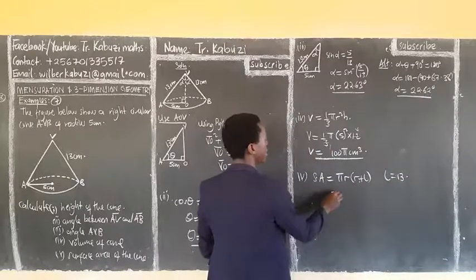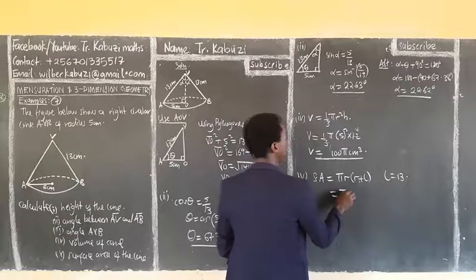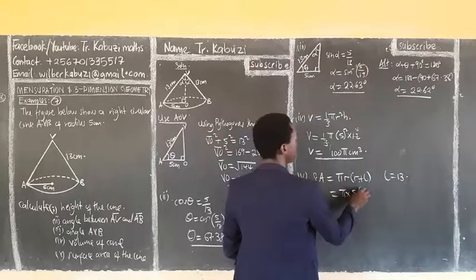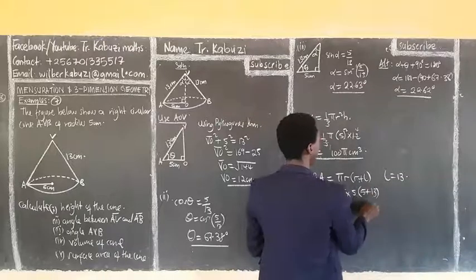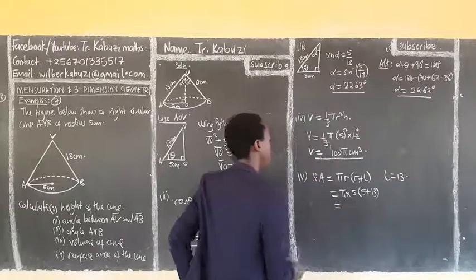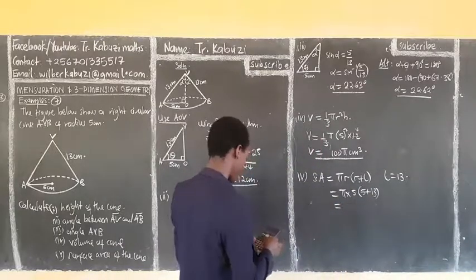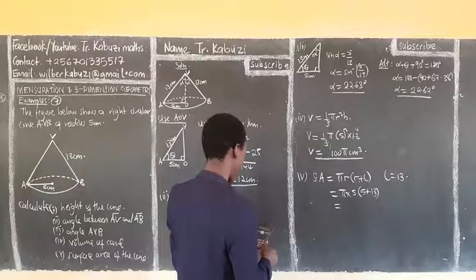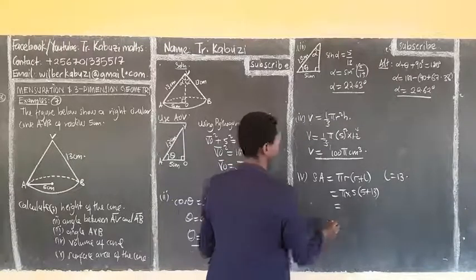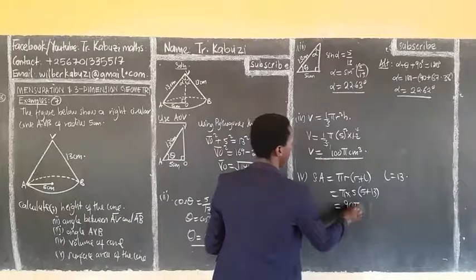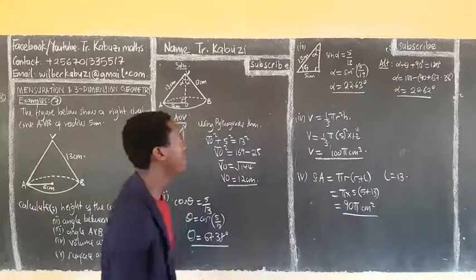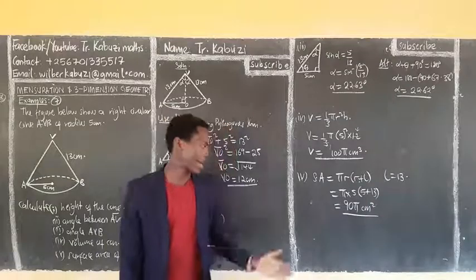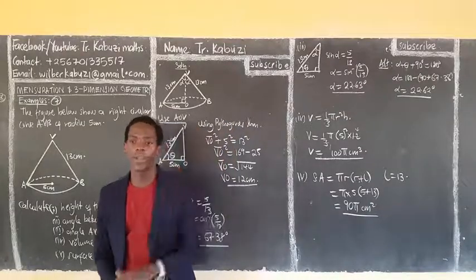So now my surface area will be pi times 5 into 5 plus 13. And this will be 5 times 18, which is giving us 90 pi centimeters squared, because we're dealing with the surface area. So remember, that's how we can handle this question. I wish you the best.